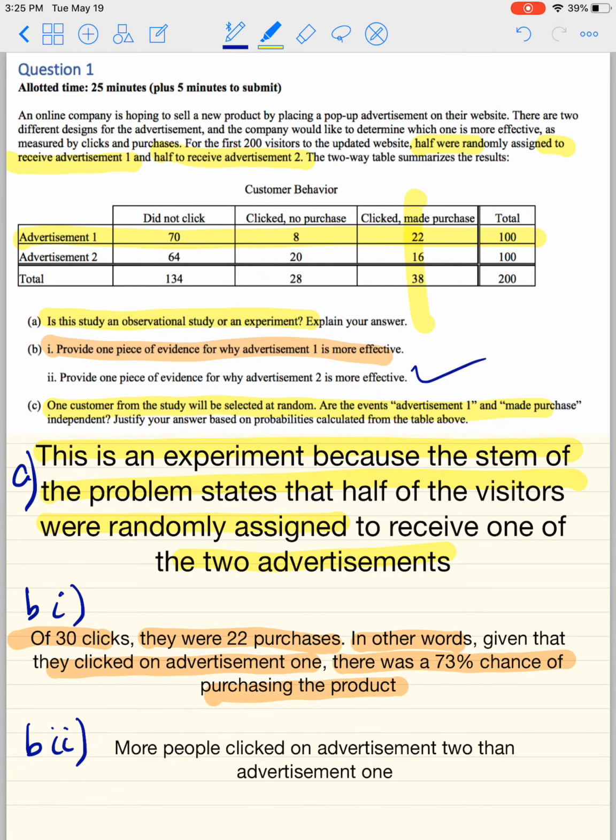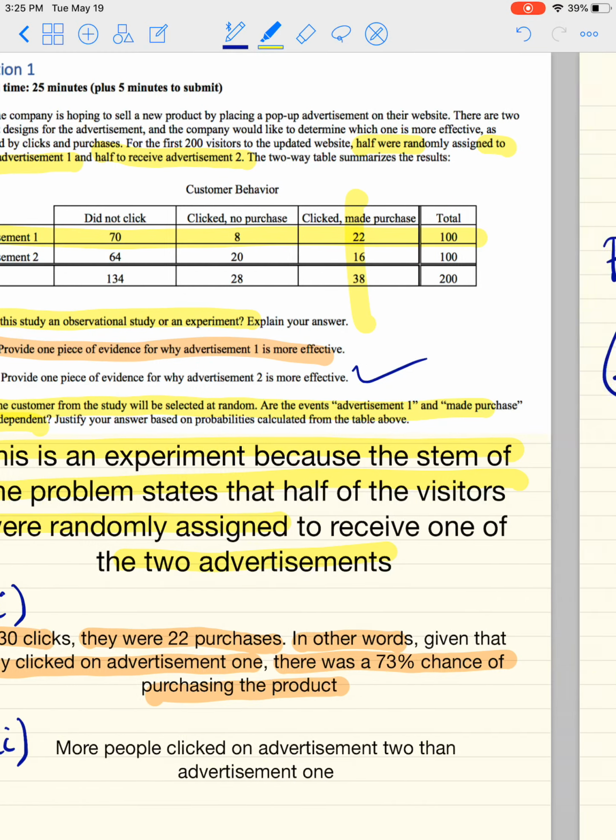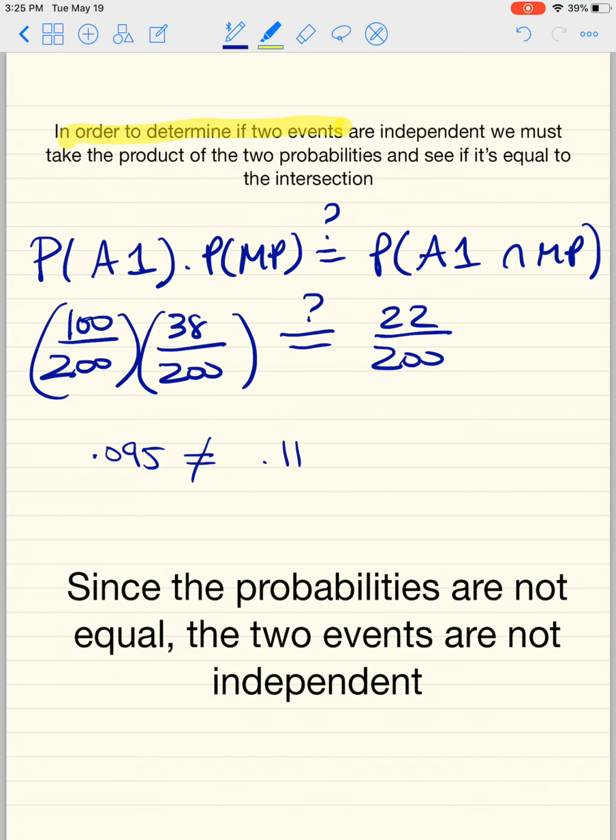I hope everybody remembers how to determine if two events are independent. In order to determine if two events are independent, we must take the product of the two probabilities separately and see if it's equal to their intersection. So I said, does the probability of advertisement one times the probability of making a purchase equal the probability of advertisement one and making a purchase? You guys can pause the video at any time and try stuff by yourself, okay?